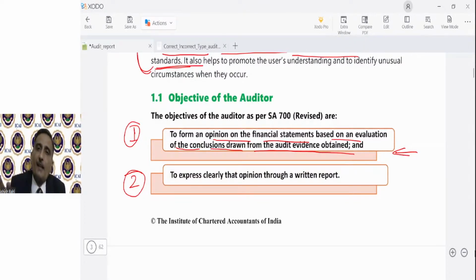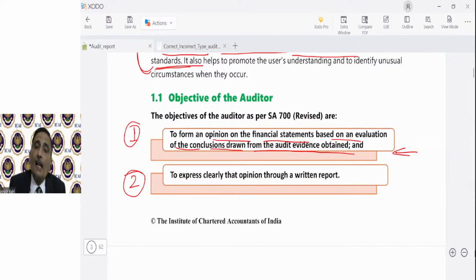He has obtained the audit evidence, and from it he draws conclusions: this is the evidence I have obtained, and I draw this conclusion from it, whether it is reliable or not.